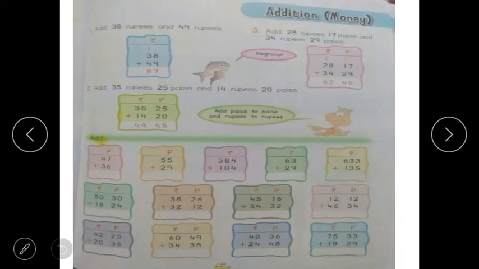Here simple, you have to add paisa, paisa. Here all are paisa. So add all the paisas. Here rupees you have to add. Simply addition is there. Rupees, if you are adding 8 plus 9, first the ones place. 8 plus 9 is 17, you write 7. Then 1 is carry. 3 plus 4 is 7, plus 1 is 8.